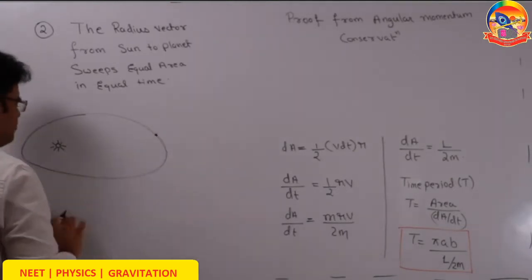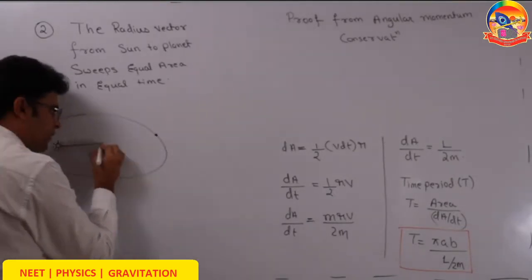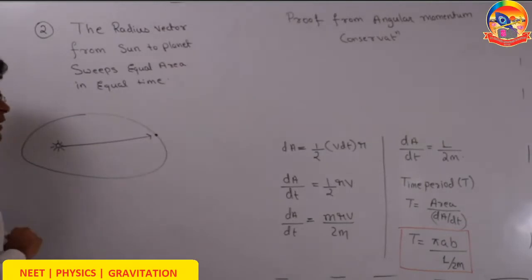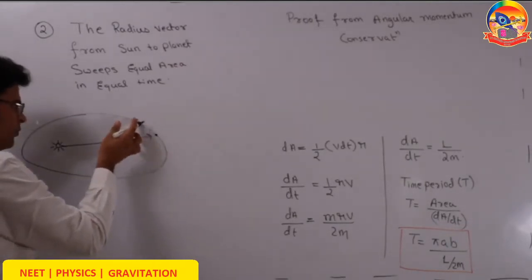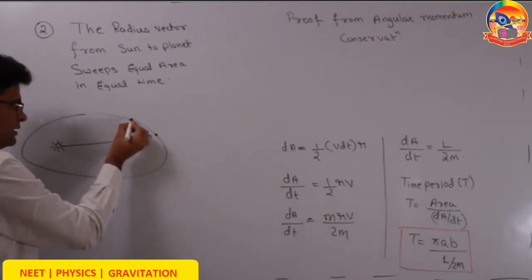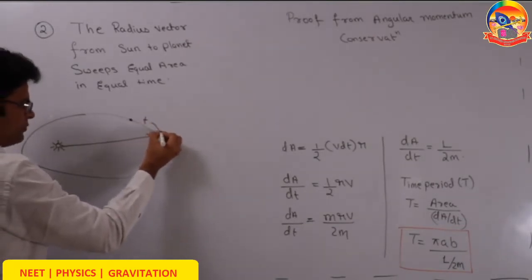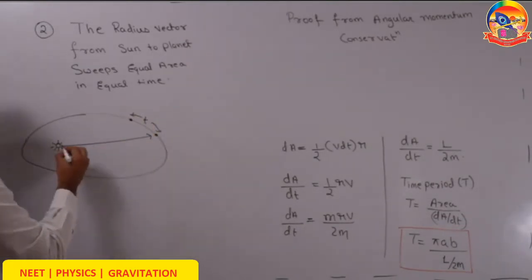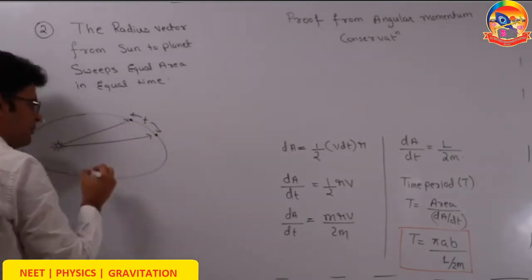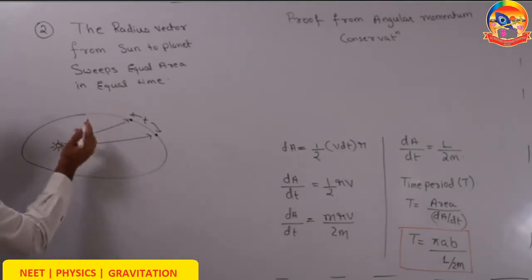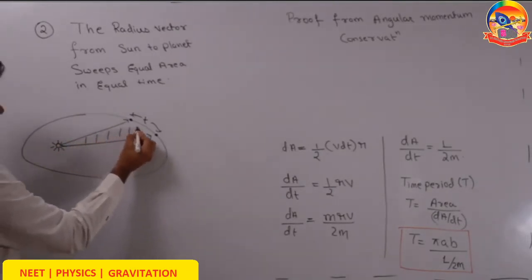So this vector represents the position vector of planet with respect to sun. Now after some time the planet will move from here to here. Let's say this movement takes a time t. So the new final position vector of planet with respect to sun will be this. So this position vector sweeps some area in this time t.